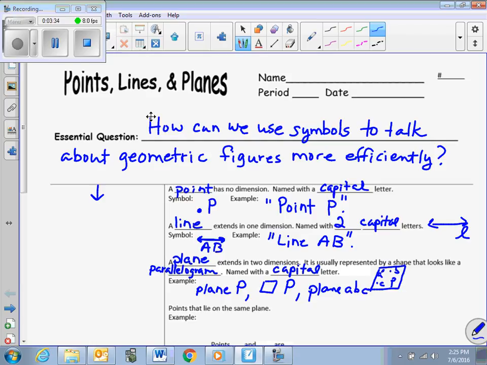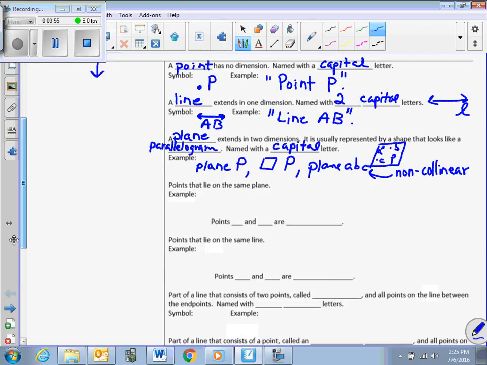All right. The 3 points that we used here, just remember, we'll talk more about this much later. The 3 letters that we use, these 3 points have to be non-collinear. What does that mean? Not on the same line. Non-collinear. And don't worry, we'll talk more about this in a little bit.